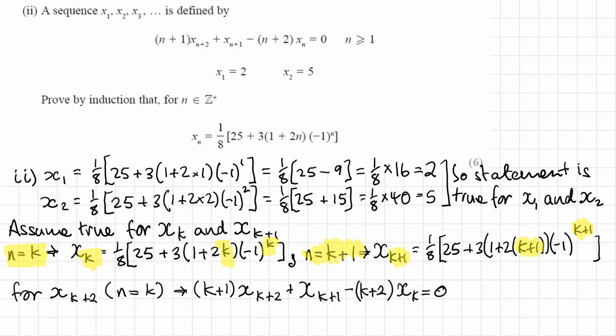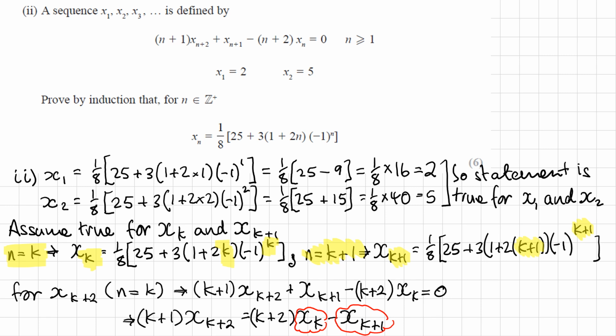So this is the recurrence relation that we have, and I'm just going to rearrange this to make k plus 1 times by xk plus 2 the subject. So that's done here. So now I'm going to replace this xk and this xk plus 1 with the statements that I had in my assumption step.